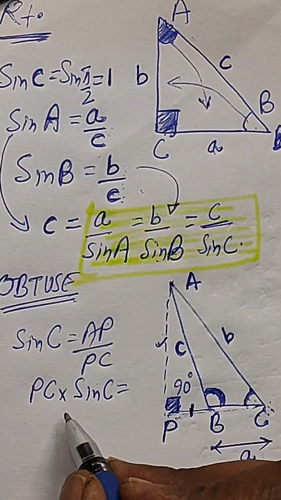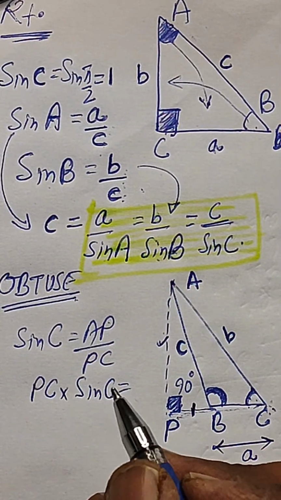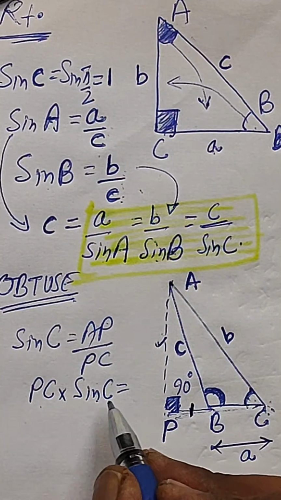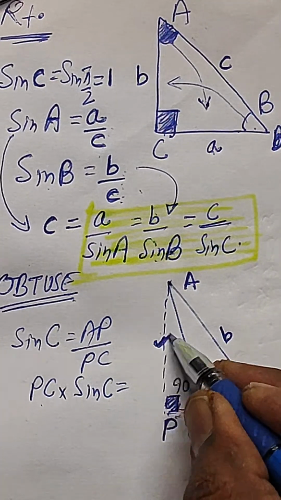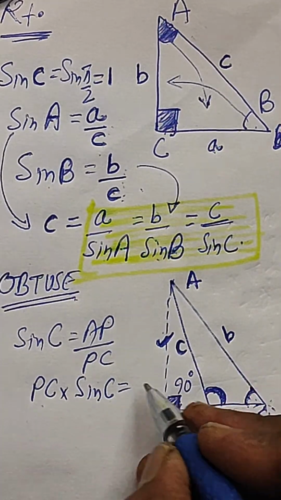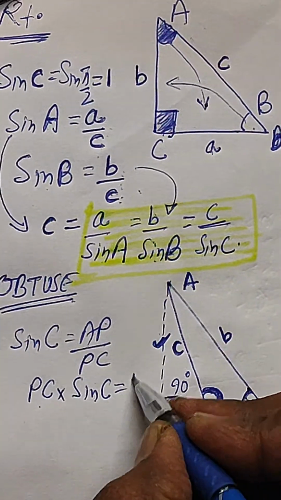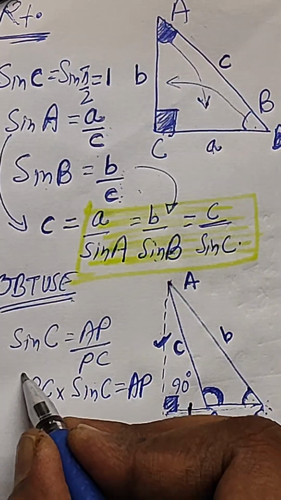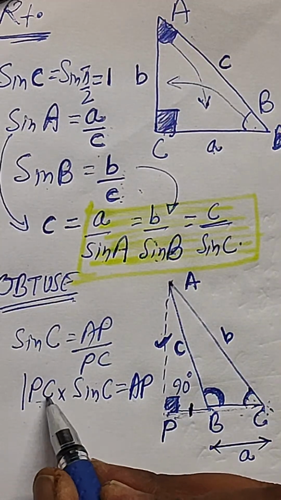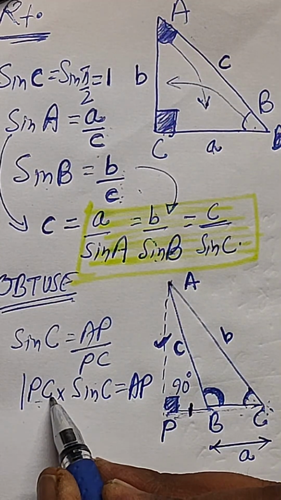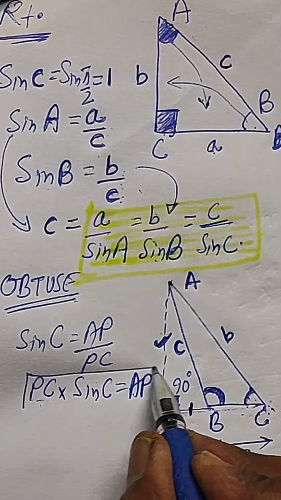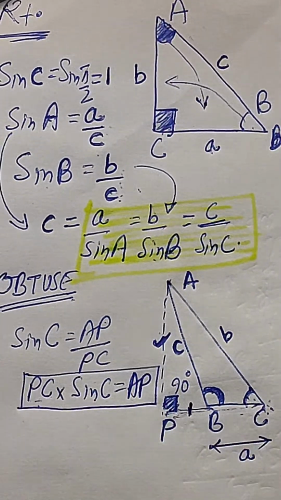This will be equal to PC into sine C, which is the length of this perpendicular AP. So the length of AP can be written as PC into sine C, right?